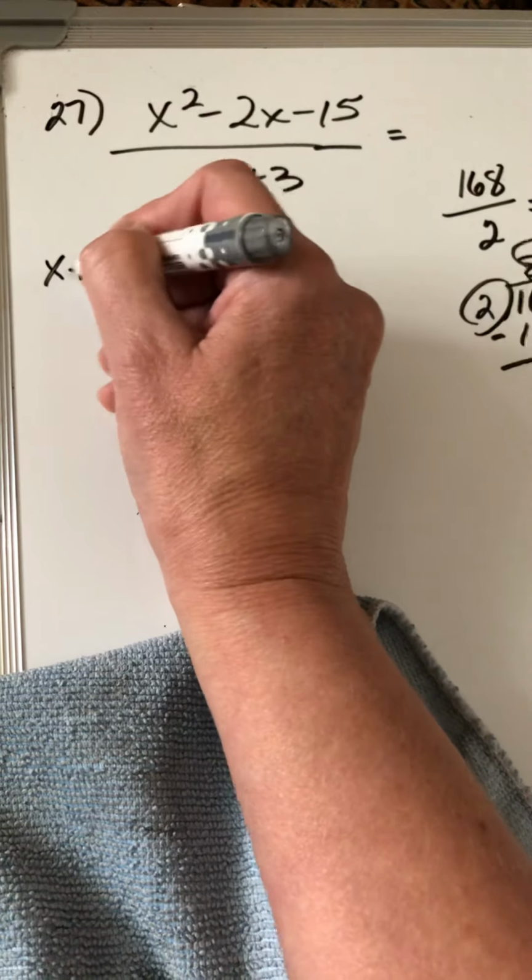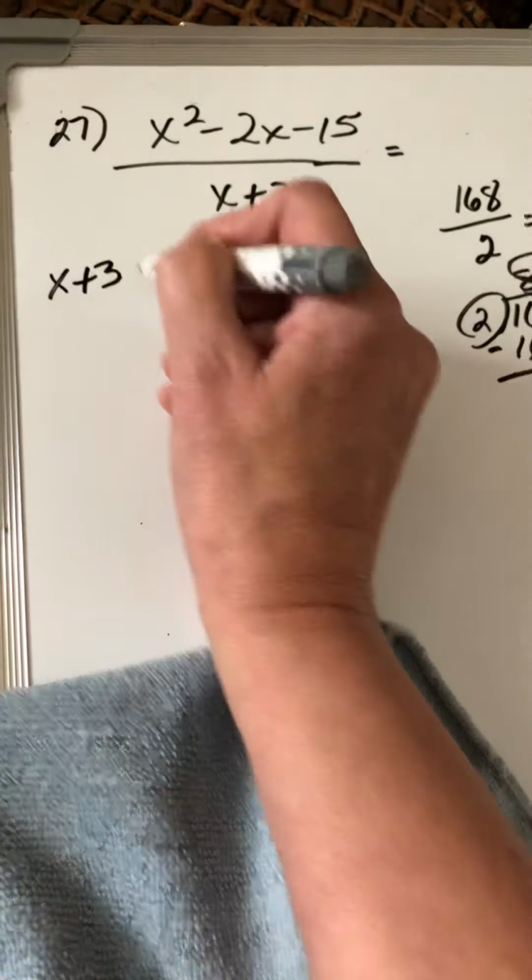We're going to do the same thing here. Oh, some more space here. But for here, I only need to concern myself with the x. The 3 is just going to tag along.